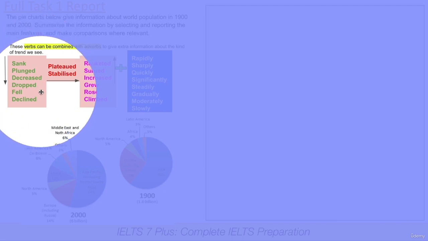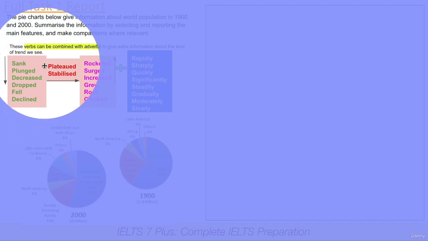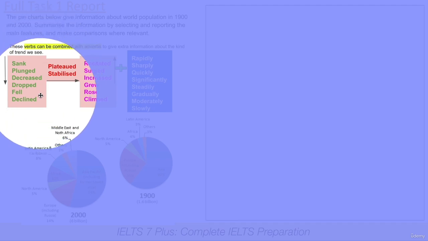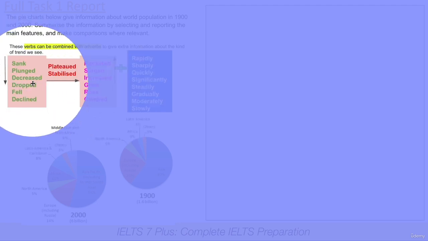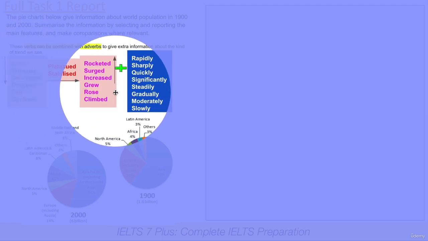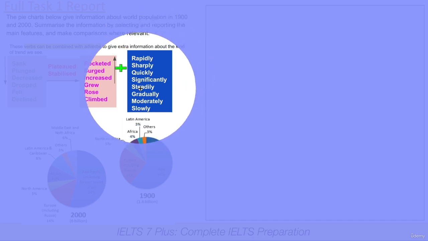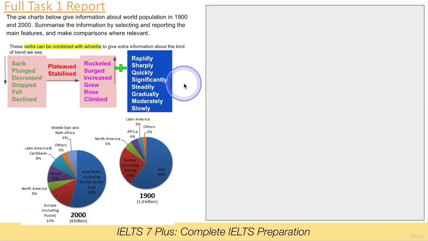So we don't want to repeat ourselves because that will not impress the examiners. We want to use words that are different and a bit more high level as well. So we've got a variety of words for decreased, stayed the same, increased, and the adverbs to go together with the verbs to make really nice sentences for our write-up.